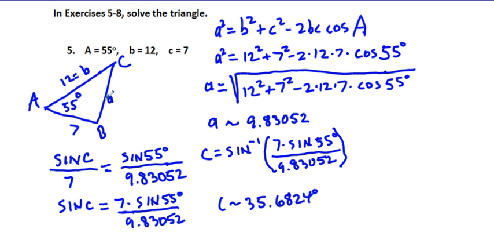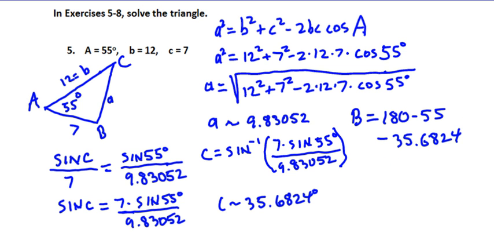And lastly, we're looking for angle B. Well, angle B is going to be equal to 180 degrees minus 55 degrees minus 35.6824 degrees.